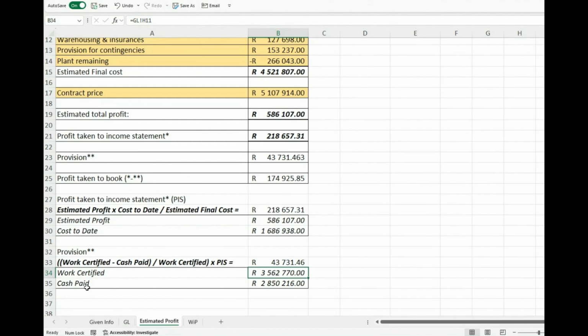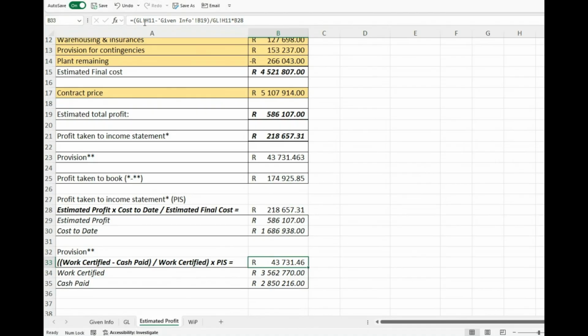So you have your work certified from the GL, you have your cash paid from the given information, and you've just calculated the profit to be taken into the account. So when you look at the provision, it is this, and there I've shown you.